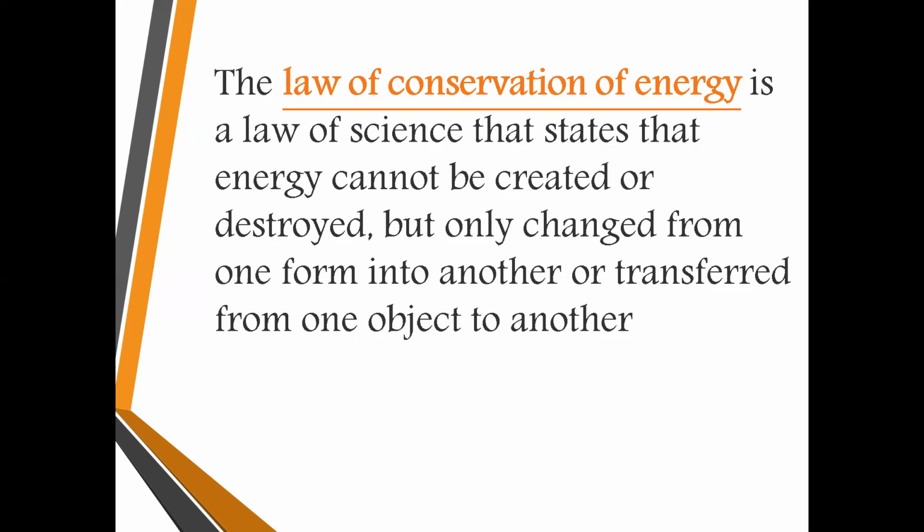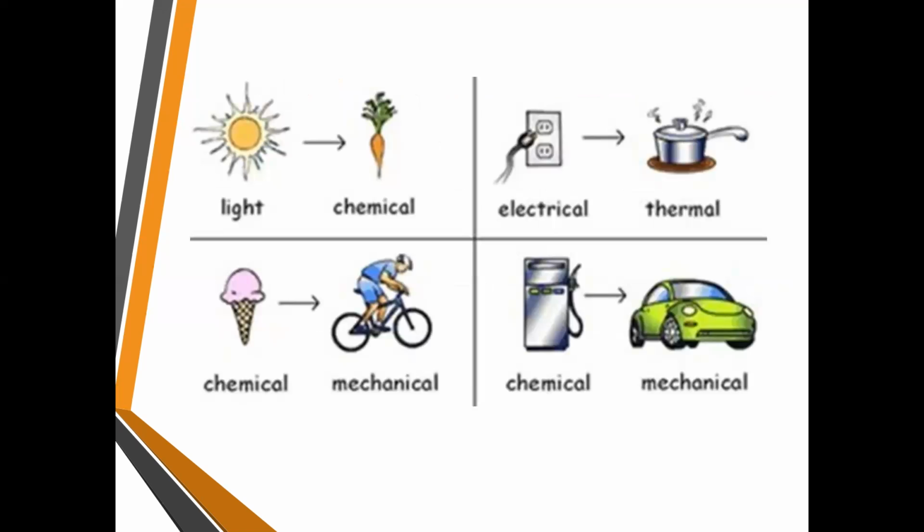And I mean, if you have these examples here. In the first example, we have a light. This is a type of energy. Now this light, when it enters a plant, is converted through a chemical process.